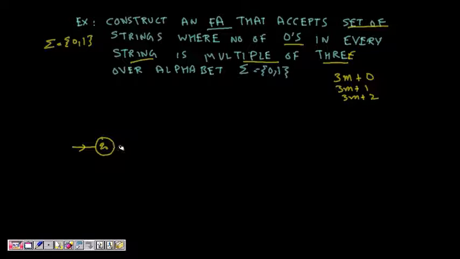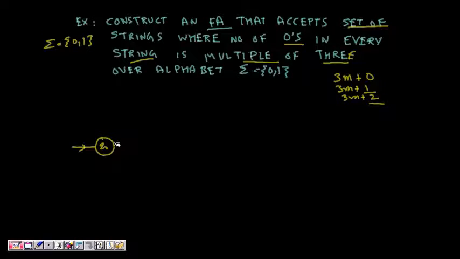So I should have 3 states. First is where my remainder is 0 if I divide by 3. In the next I have remainder 1 when divided by 3, and then remainder 2 when divided by 3. Every number, when you divide by 3, is of these 3 forms, so these 3 are the possible states.